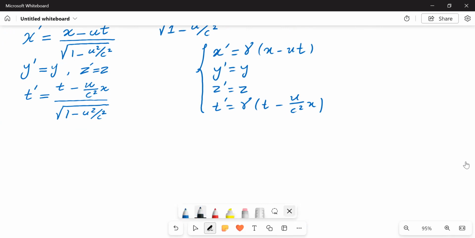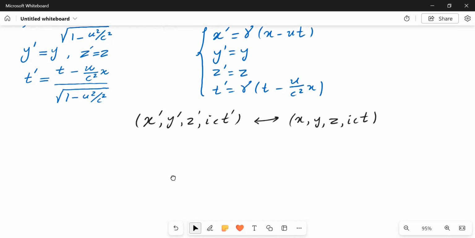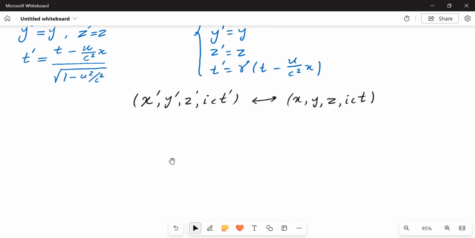So for that, I'll define the 4 vector in system S prime as x prime, y prime, z prime, and i c t prime, and the 4 vector in system S as x, y, z, and i c t. And we want to see that these 4 vectors are actually the same in size.